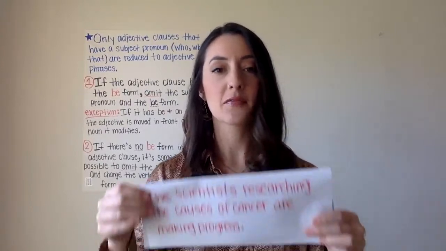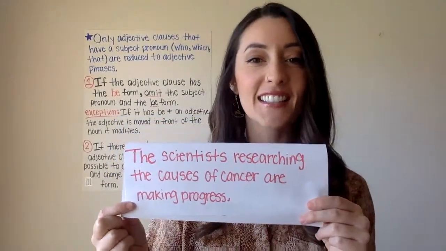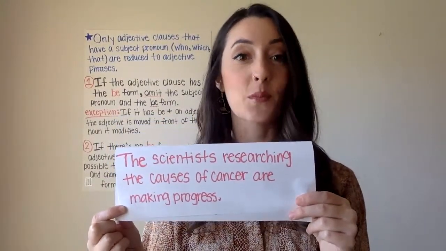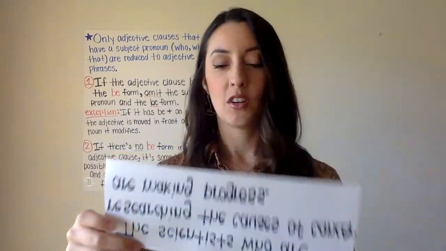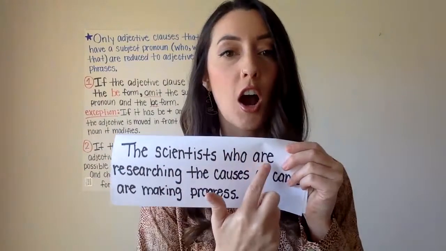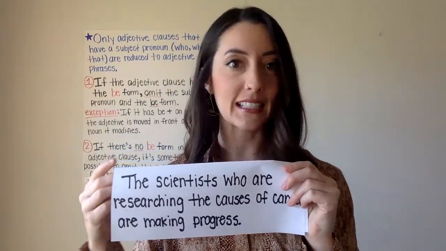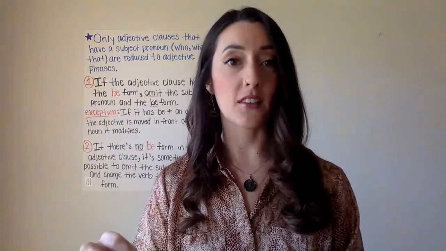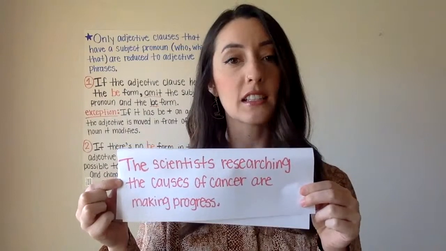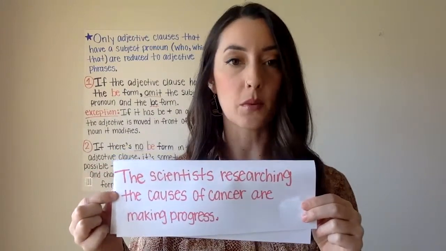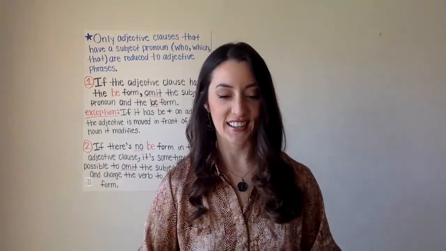So it should be, the scientists researching the causes of cancer are making progress. What did we take away? We took away who are, the subject pronoun and the verb be. We deleted them from the sentence, and now we're left with an adjective phrase. The scientists researching the causes of cancer are making progress. All right, great job.